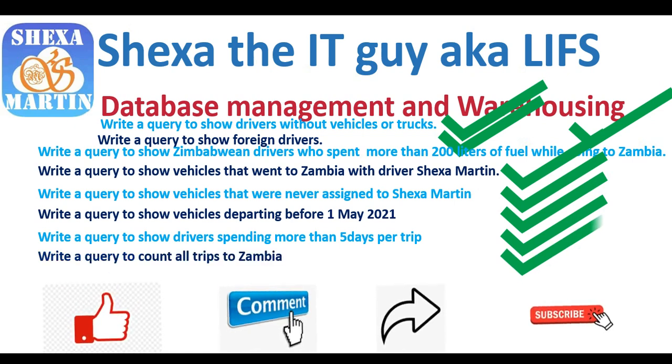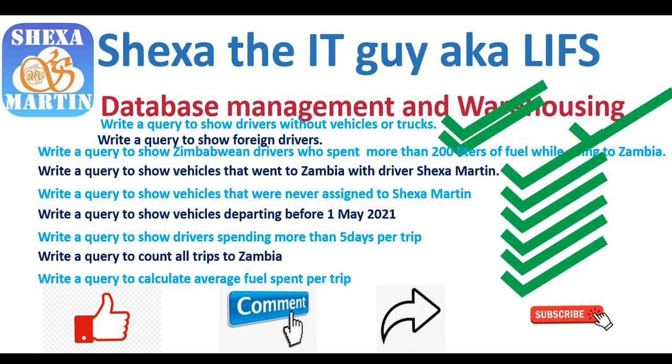All these are questions that might be asked in a business by business people who want to achieve some goals or execute some tasks. Before executing some tasks, they need to know something from the database. And then you might need to calculate an average to say how much fuel. Maybe you are doing budgeting, so you will be helping the team in the finance department to say the average fuel that we require per trip is so much.